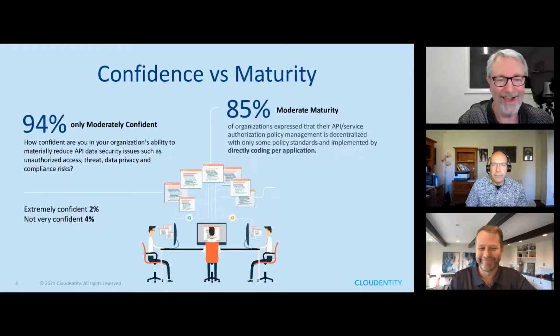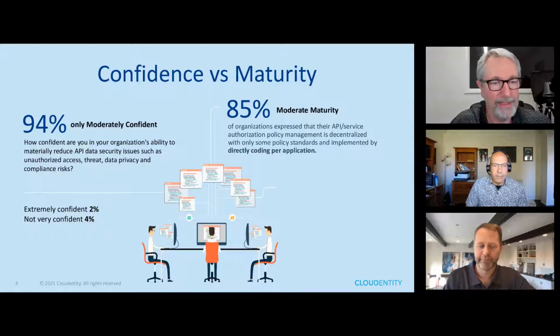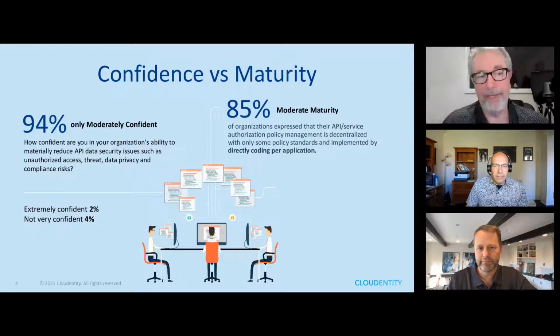So let's jump into some of the findings from the research, and I'm sure both of you will have some insights on this as well. One of the things that the research was trying to assess is really looking at what is organizations' confidence level of their ability to protect API data, API security from unauthorized access, threats, whatever the risk might be.